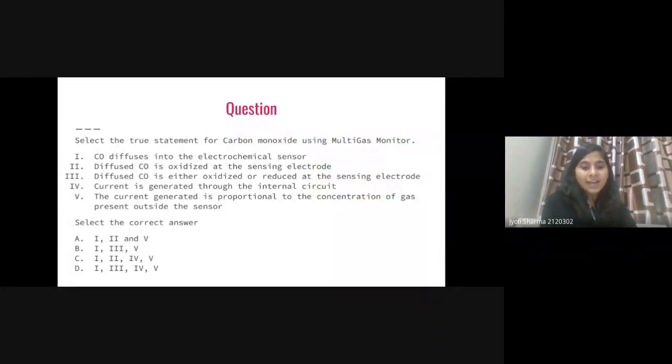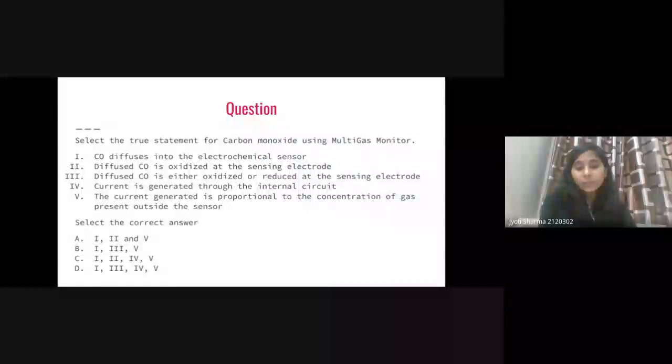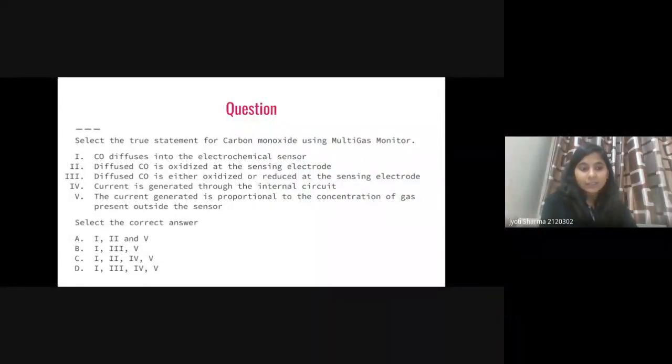Diffused CO is either oxidized or reduced at the sensing electrode. Current is generated through the internal circuit. The current generated is proportional to the concentration of gas present outside the sensor. So you have to give me the correct answer among these five statements. What statements is or are right?